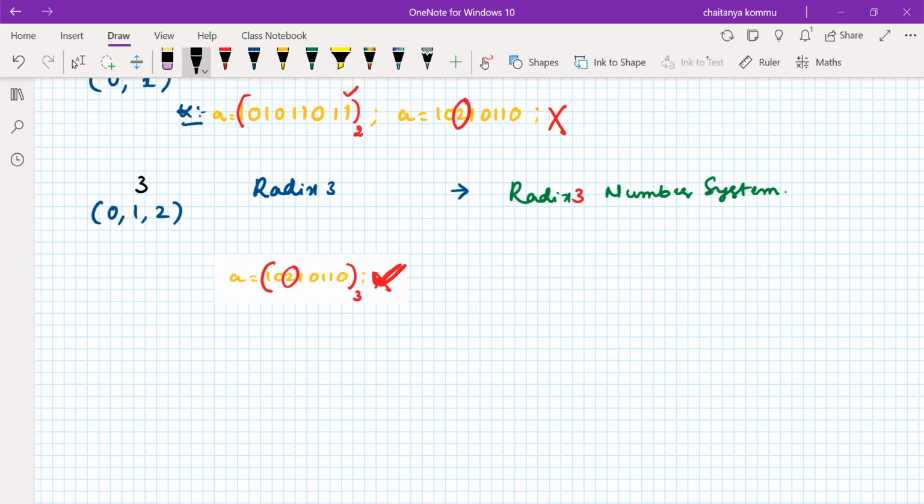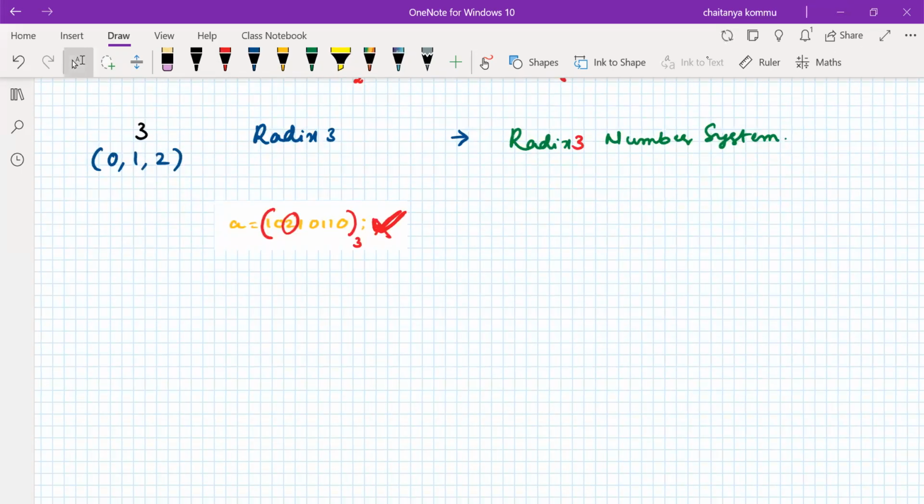For example, you take another one. Take 4 digits that I want to use to represent any number. What are those numbers that I can consider? 0, 1, 2, 3. So these are the 4 digits I want to use to represent any number. In that case, this is called radix 4. Do you have a doubt?